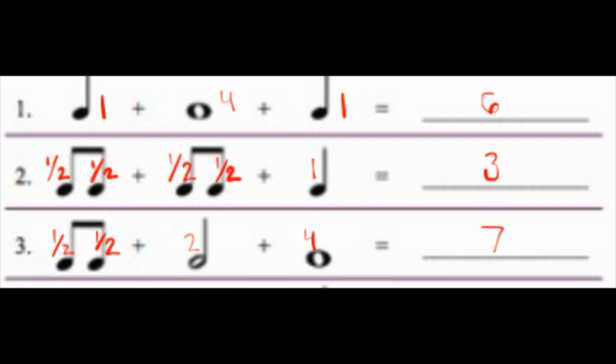If you put 2 eighth notes together, that actually equals 1 beat. So this would be 1 plus 1 plus 1 equals 3. For the last example, you have another combo of 2 eighth notes, which means that the 2 halves add up to 1. So it would be 1 plus 2 for the half note plus 4 for the whole note. 1 plus 2 plus 4 equals 7.